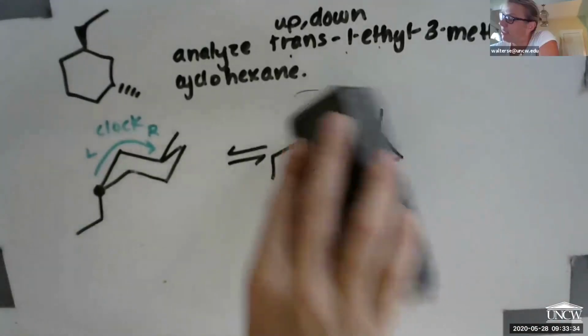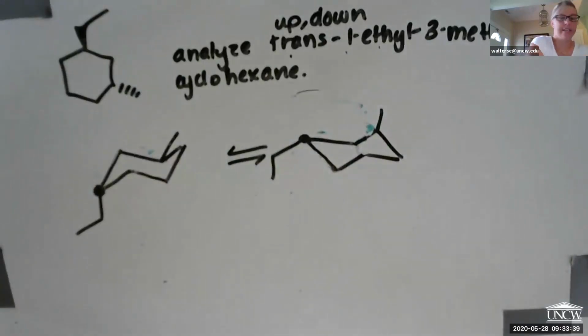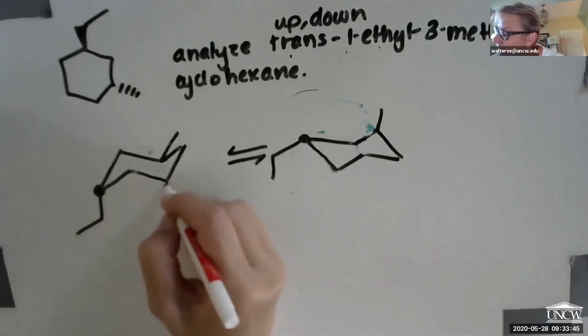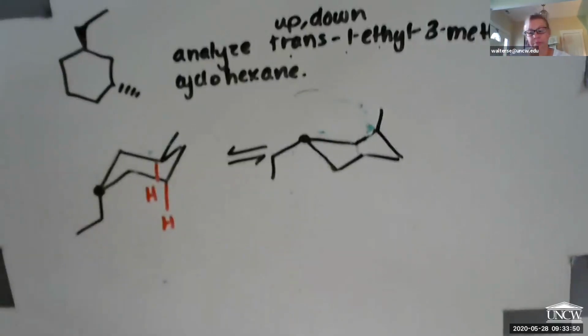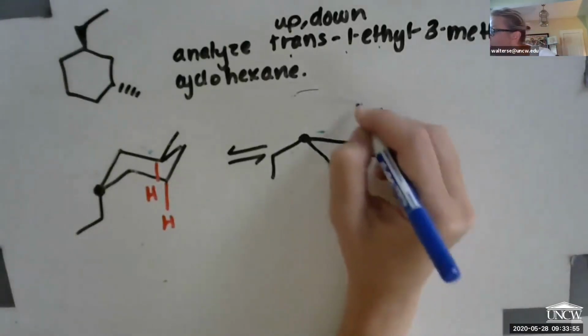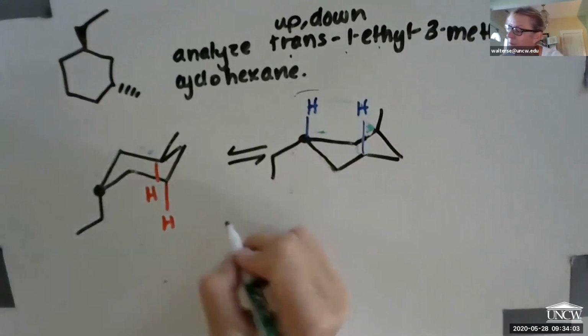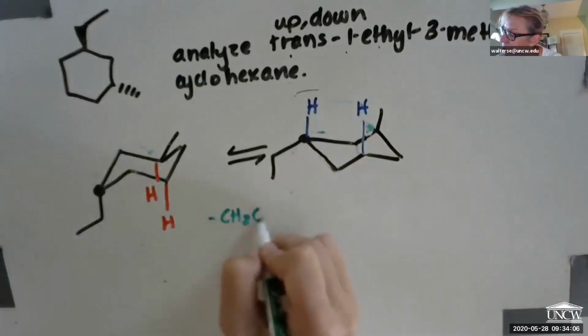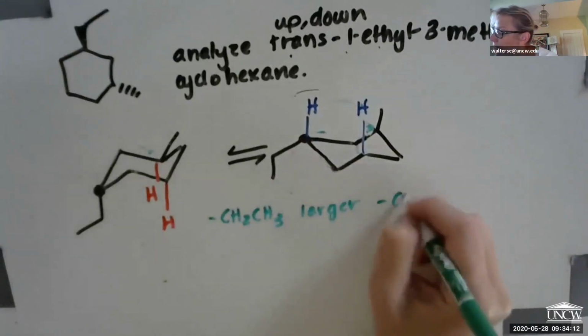Now, in these two cases, both of the rings are going to experience diaxial steric strain. You have an ethyl down, which will interact with the 2 hydrogens that are axial down. On this side, when you have your methyl up, you have 2 hydrogens that are axial up. But an ethyl group, which you would draw like this, is larger than a methyl group.